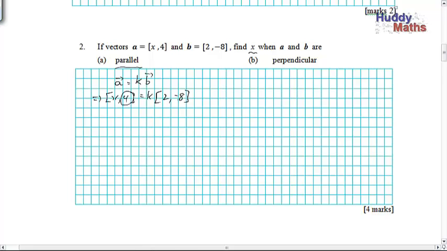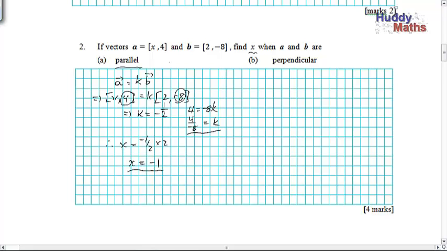From the y components you can say k is -1/2, because -1/2 times -8 would give the 4. Maybe you want more explanation: 4 equals -8k, 4 over -8 equals k, comparing the y coordinates. Therefore x is -1/2 times 2, x is -1.